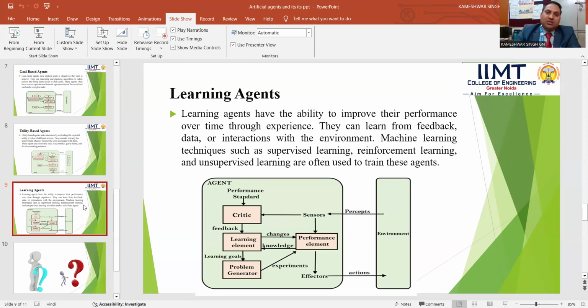Now we will see what kinds of agents perform which kinds of actions. Now for textual types of agents, how do they perform the actions?